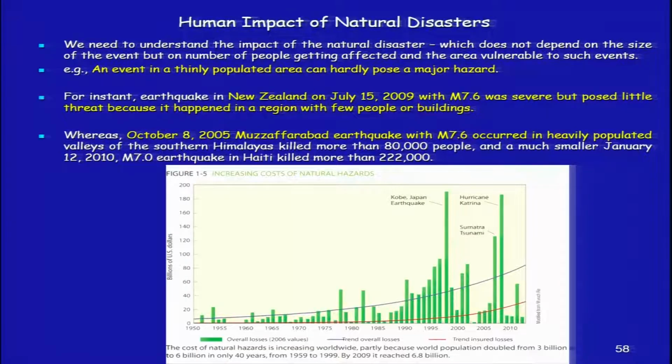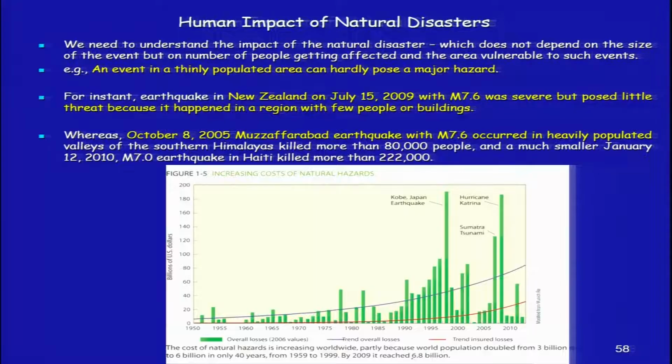Okay. So, this is what has been shown here. The cost of natural hazard is increasing worldwide, partly because the world population has doubled from 3 billion to 6 billion in just 40 years, and this data is from 1959 to 1999. By 2009 it had already crossed that, and now we are 10 years after that.